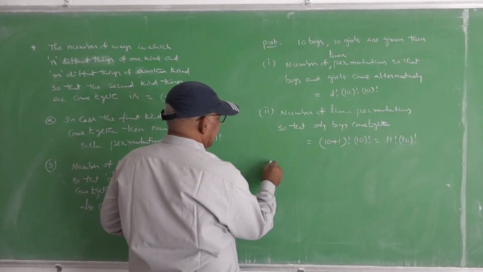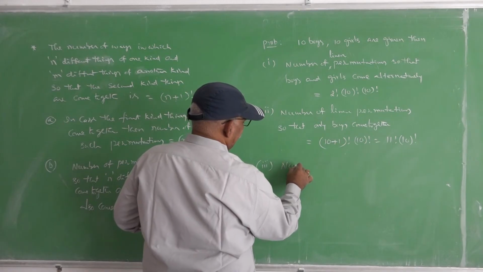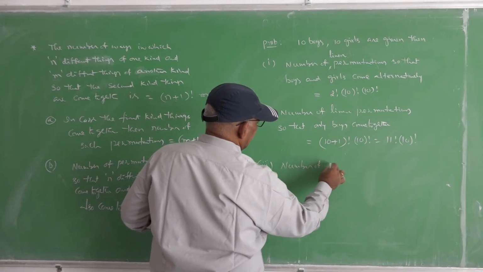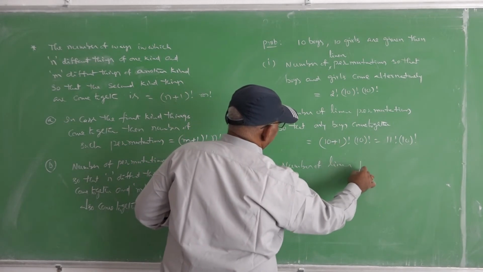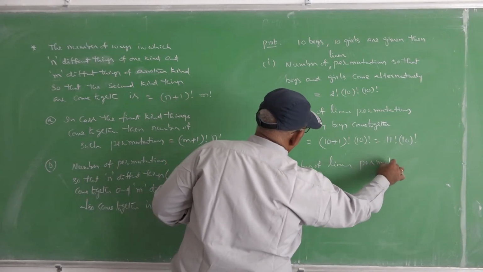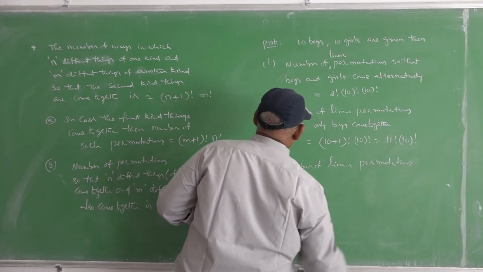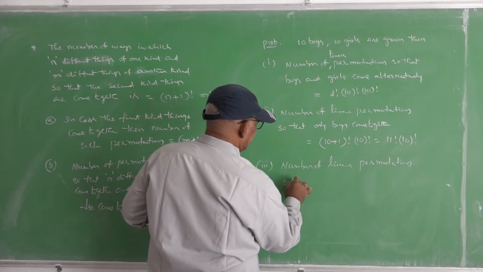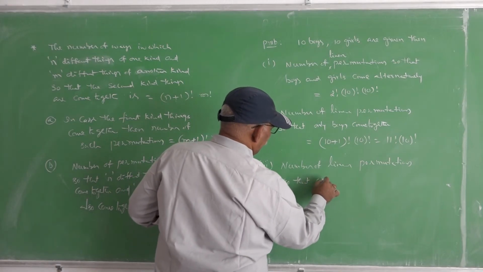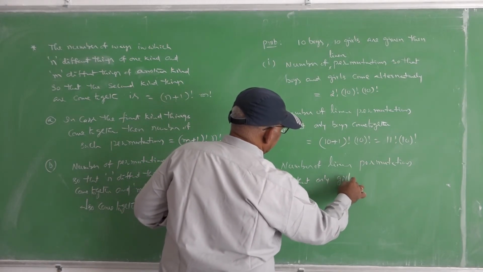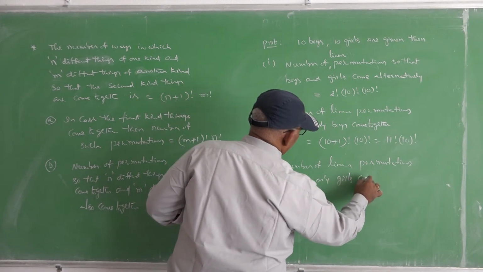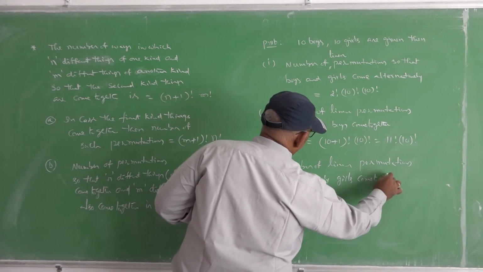Similarly, the third case: the number of linear permutations so that only girls come together in the arrangements.